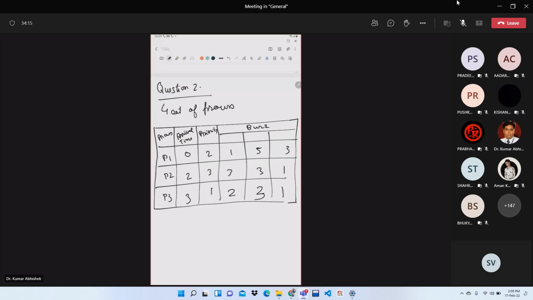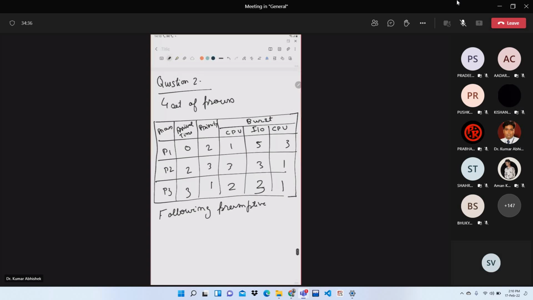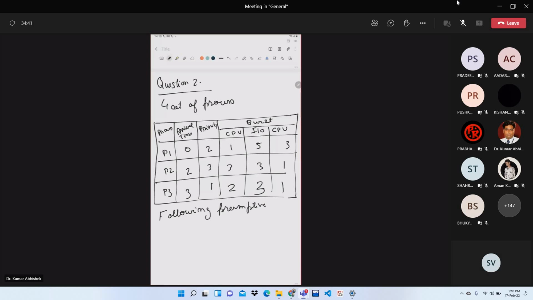Burst, CPU, excuse me, IO and CPU. So, the following preemptive priority scheduling.